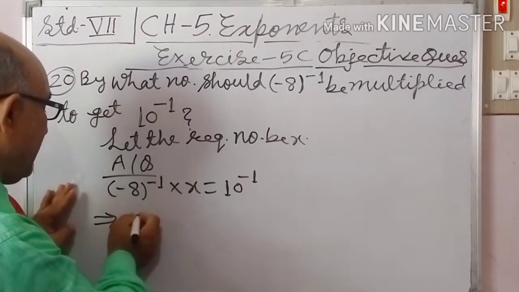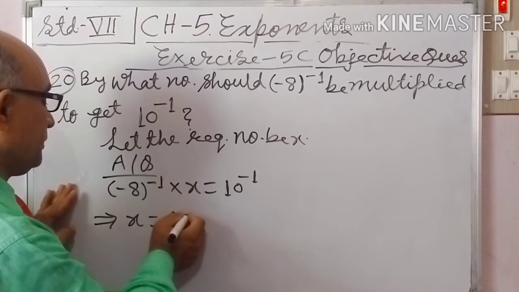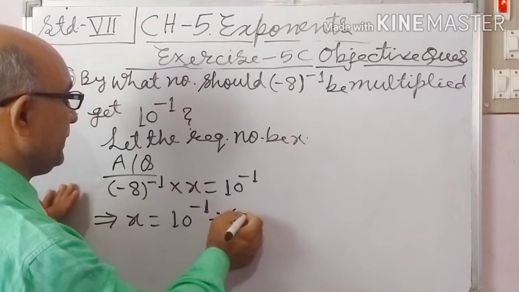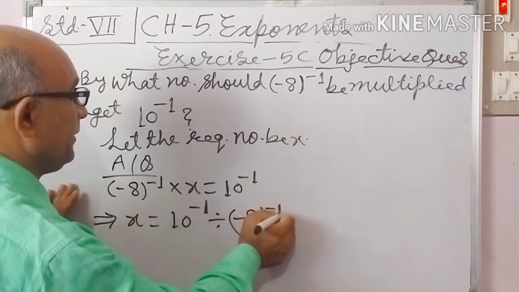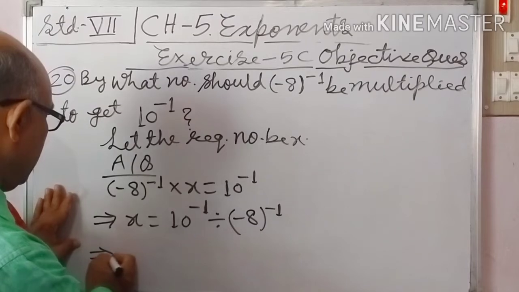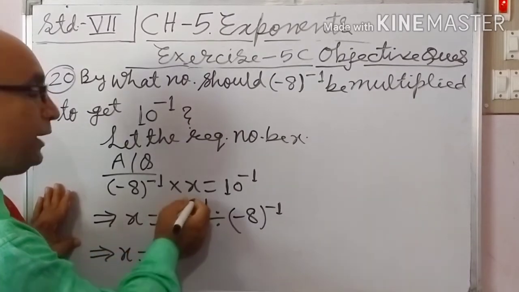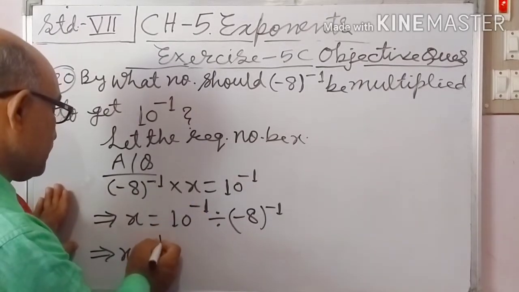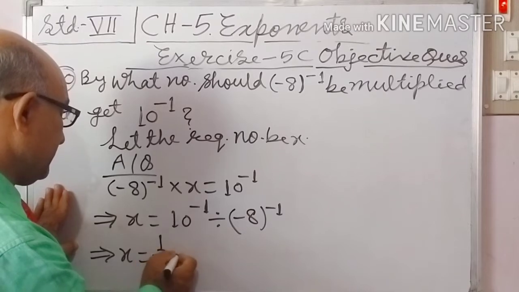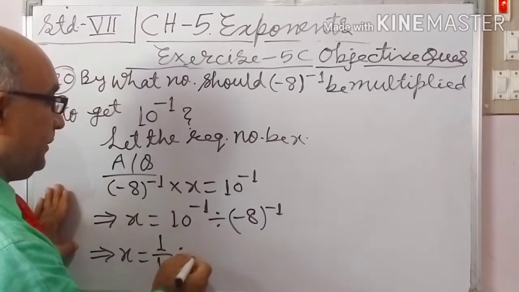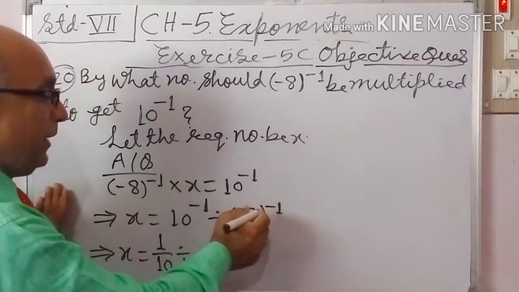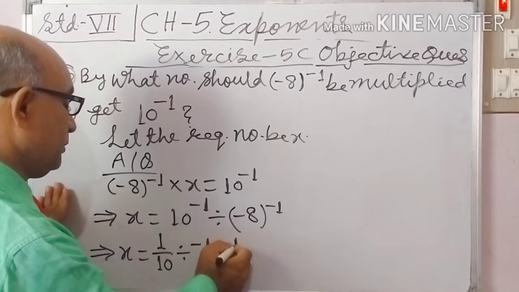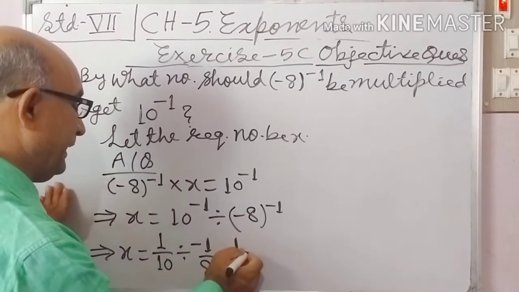That implies x equal to 10 to the power minus 1 divided by minus 8 to the power minus 1. a to the power minus 1 equal to 1 by a. So 1 by 10 divided by minus 1 by 8.